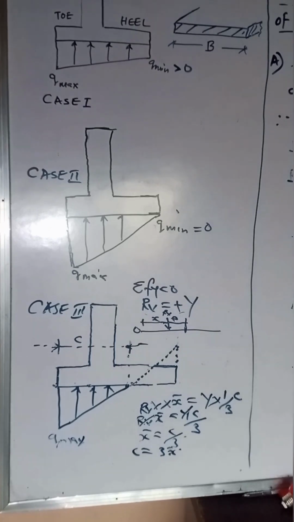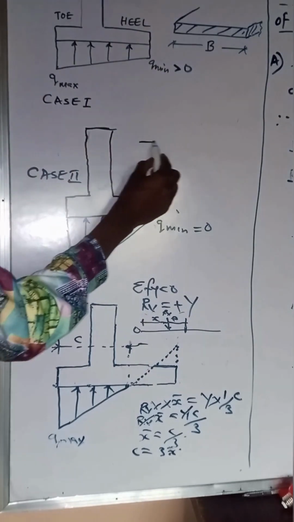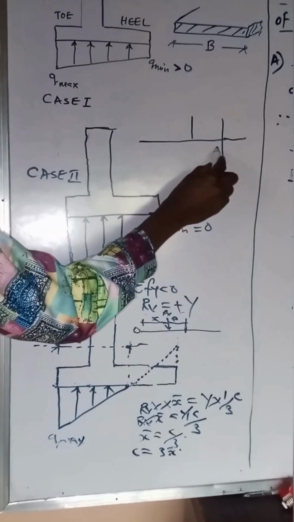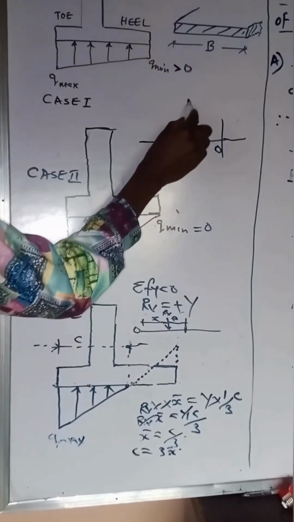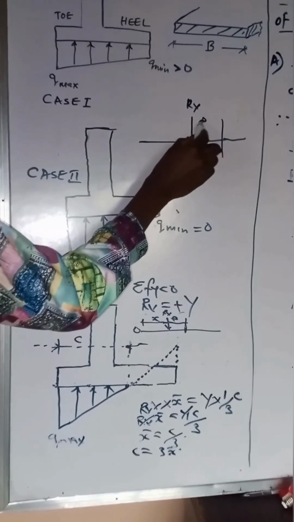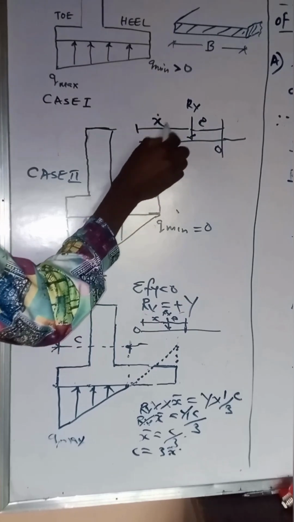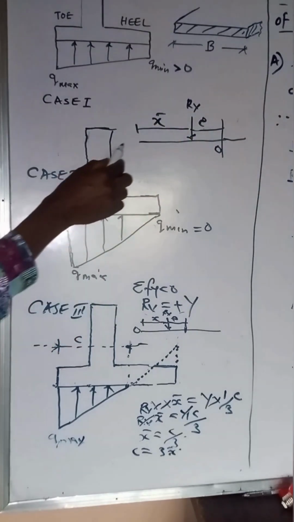Okay, but recall that if we have that particular problem like this, let's say this is our center O, this is our RV, this is our E. From here down to where we take our moment is our bar S, which is our moment arm.